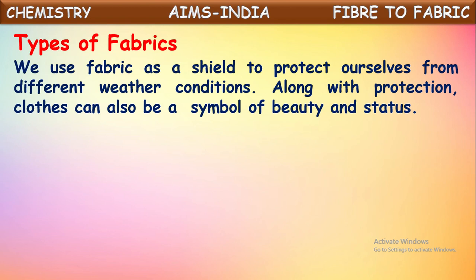And in the summer, we use cotton clothes. They are very thin, and there is airflow in the cotton clothes. They also absorb sweat very easily, and hence we feel very comfortable with cotton clothes in the summer. In this way, clothes protect us from the different weather conditions. Not only that, they are also a symbol of beauty and status.